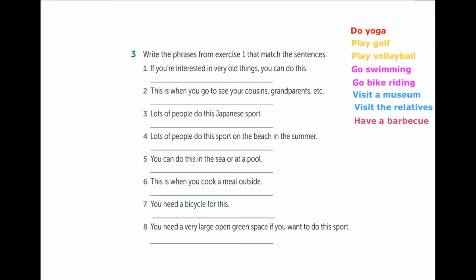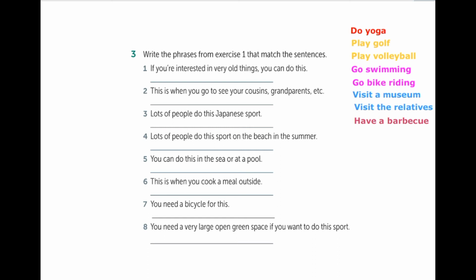Number 3, it is to write the phrases from the exercise 1. Remember, do yoga, play golf, play volleyball, go swimming, go bike riding, visit a museum, visit the relatives, have a barbecue. So you're going to match the sentences with each of the phrases here in number 3, right?